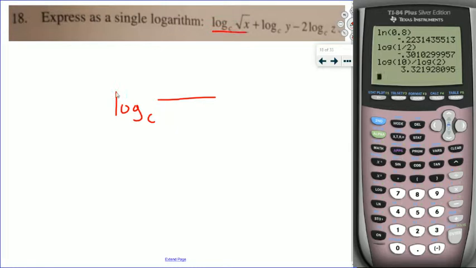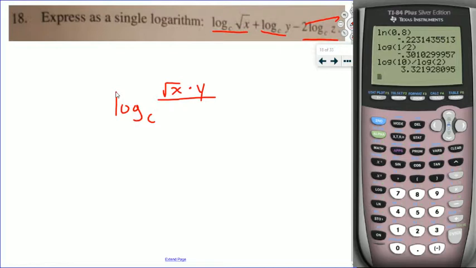So this guy right here is positive, so we're going to take the square root of x and put it on top. Then we have this guy. This is positive, so we're going to multiply by y. That's also going on top. Now, this last guy has a 2 in front, so we need to move that 2 into the exponent before we do any kind of stuff.